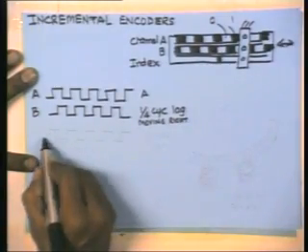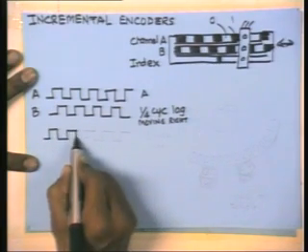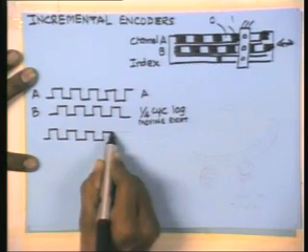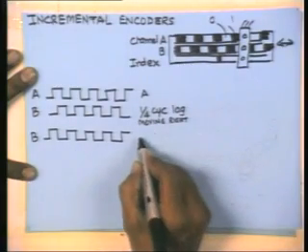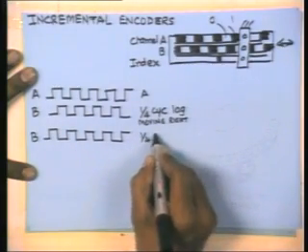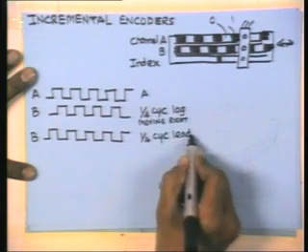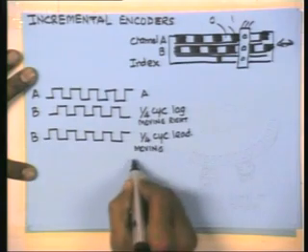So then our B channel will look different, something like this. This is a quarter cycle lead, moving left.